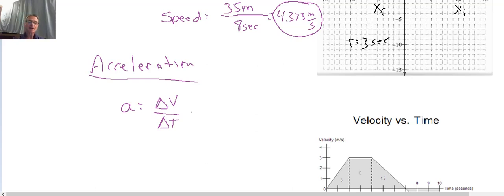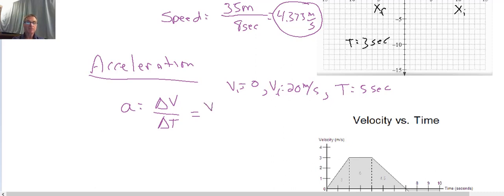So let's say that we have an initial velocity equal to 0. We're at a stoplight. And we have some final velocity equal to, say, 20 meters per second, and we're able to go from 0 to 20 meters per second in a time of, we'll make it, 5 seconds. I'd like to know what my acceleration was during that time. Well, acceleration is just the change in velocity divided by the time it took us to do that. Remember, the change in anything is the final value minus the initial value.